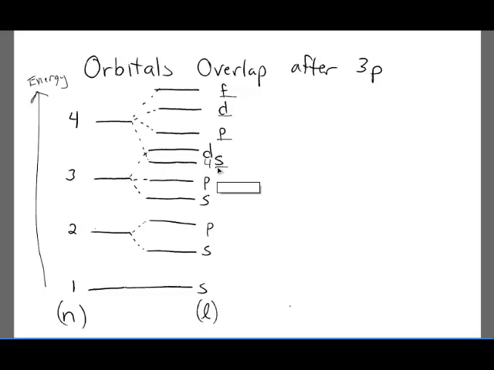Okay, so the 4s is actually lower in energy than the 3d. And then you continue on with the 4p. Okay, so the energy levels start to overlap. And actually, the higher you get in n, the more overlap there is, and there's quite a lot of overlap.